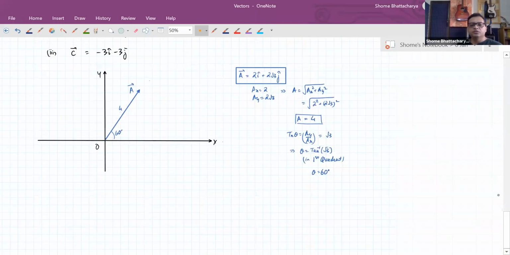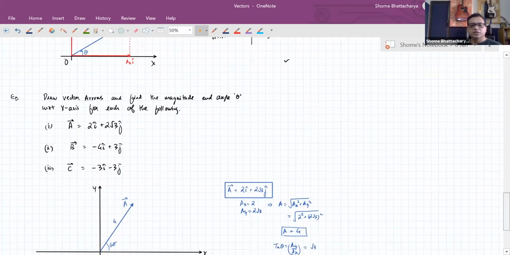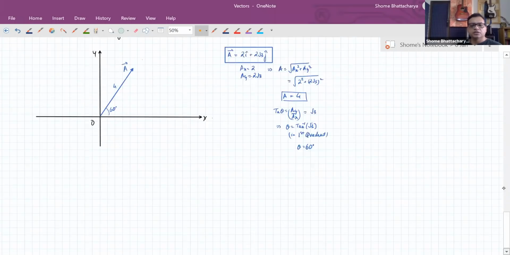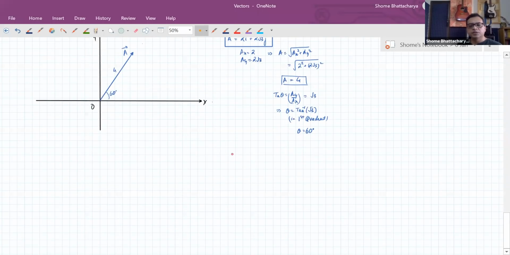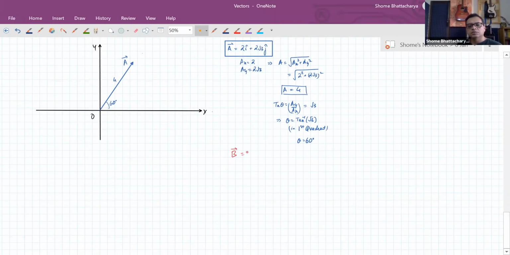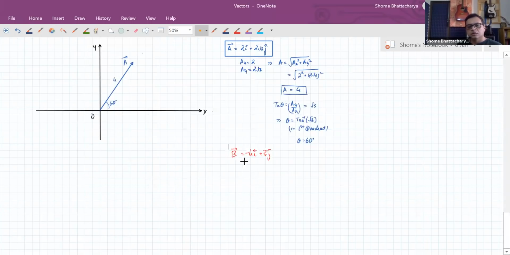Now if we do the same treatment to vector B, which is given to us as minus 4 i cap plus 3 j cap, let's look at how that looks next. So if you look at vector B, given by minus 4 i cap plus 3 j cap, the same thing, you can see it has an x component of minus 4 and a y component of 3.